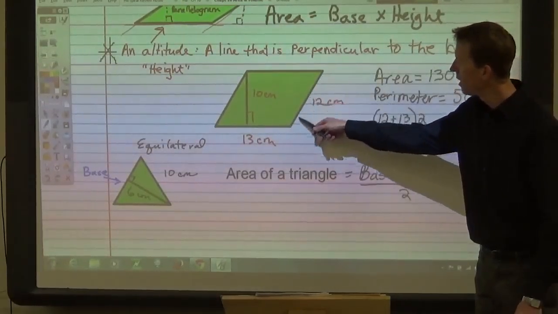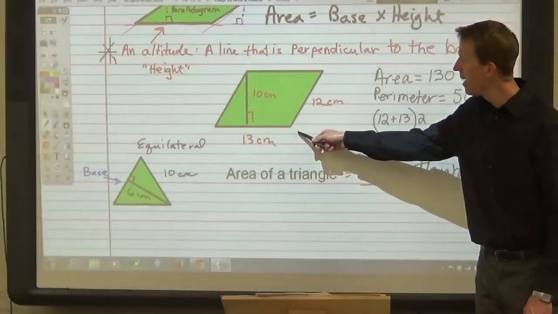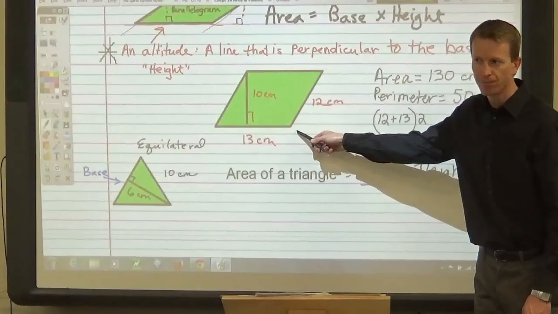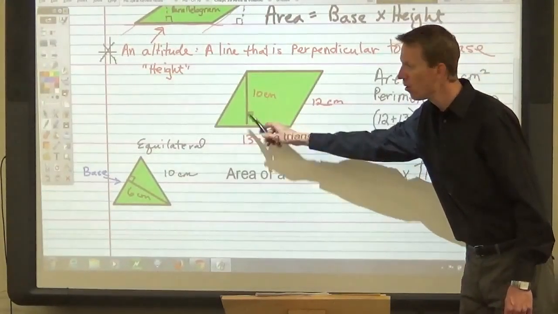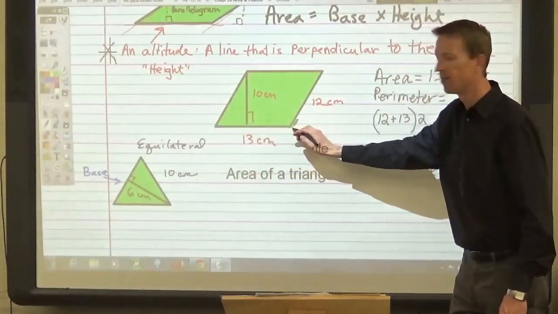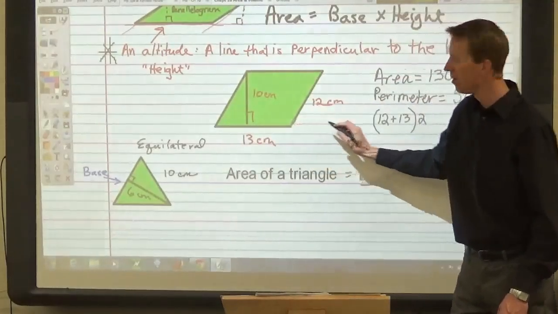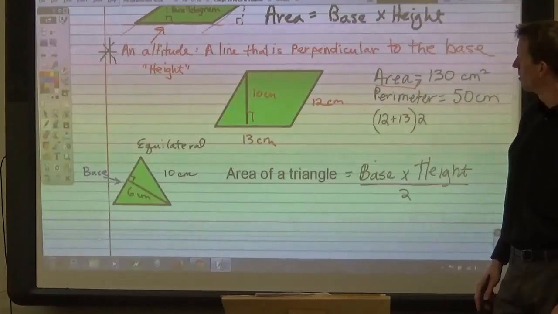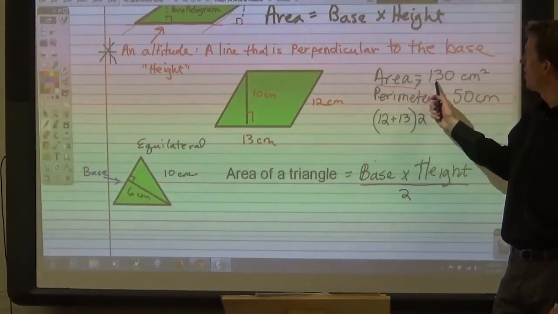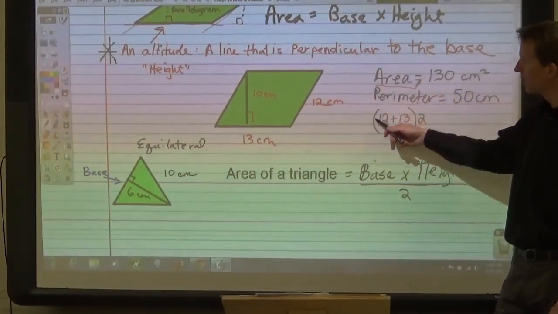Is this one perpendicular to anything? Does it form a 90-degree angle to anything? No. It doesn't. This one forms a 90-degree angle with this one, doesn't it? So those are the two lines that we use to calculate the area. Okay? The area is 130 centimeters squared. Right? So put this one in your notes.